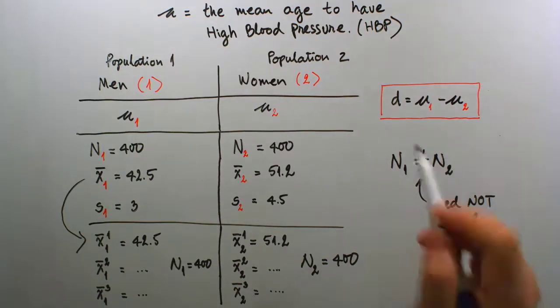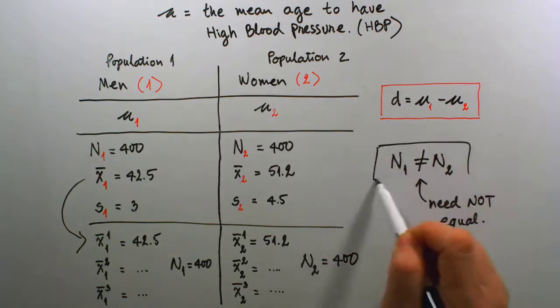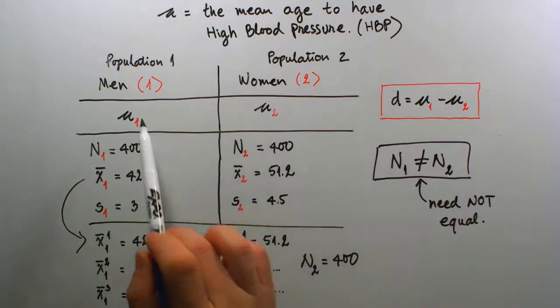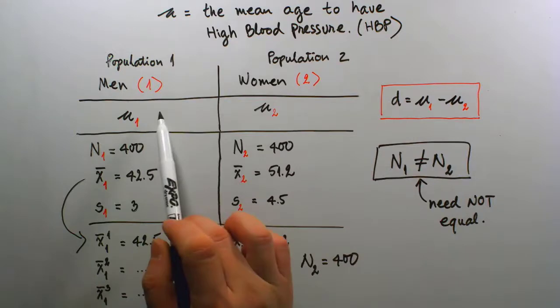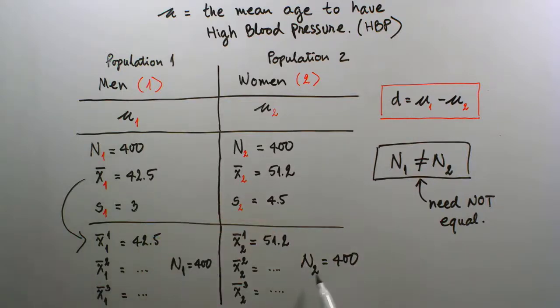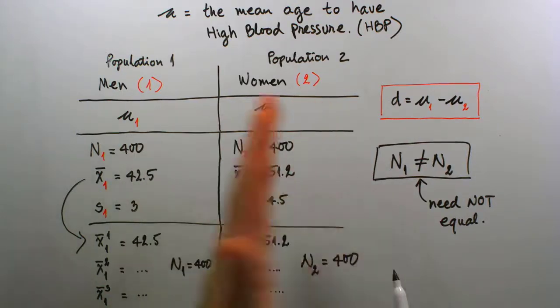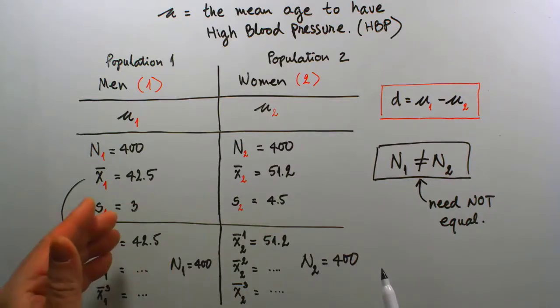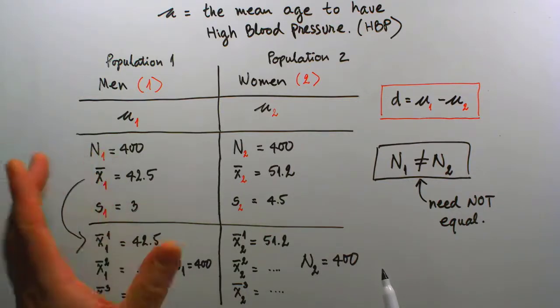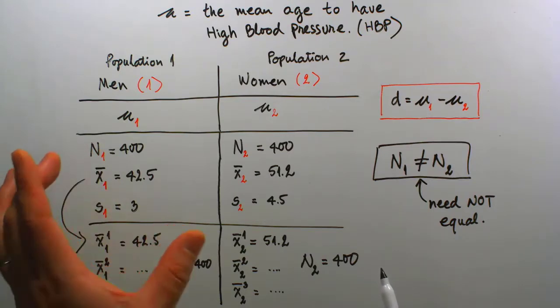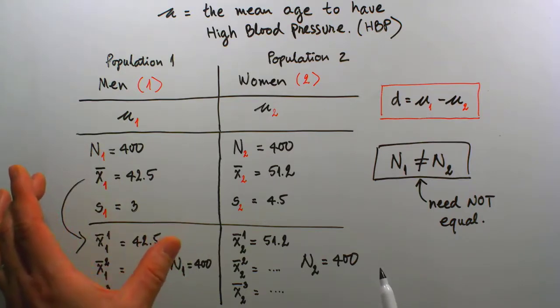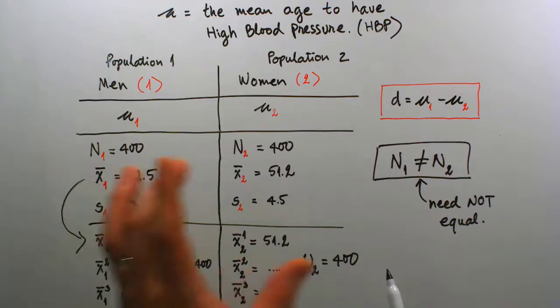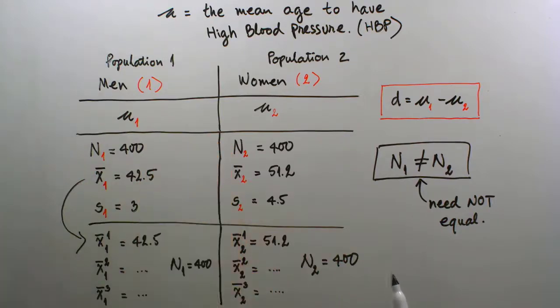Here it happens that we decided to pick equal sample sizes from two separate populations, but in other examples that I may bring up later on, sometimes you can see that the sample from population 1 could be different from the sample we picked from population 2. So n1 and n2 need not be equal.